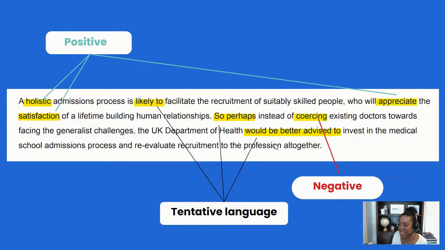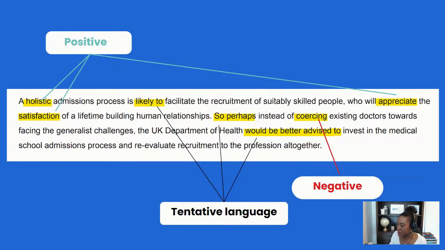They'd be better to invest in the medical school admissions process and reevaluate, reassess the recruitment to the profession altogether. Okay, so it's about what they're doing being done for maybe not the right reasons. It's not the best approach.